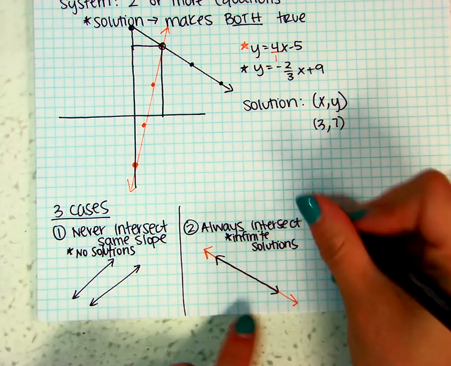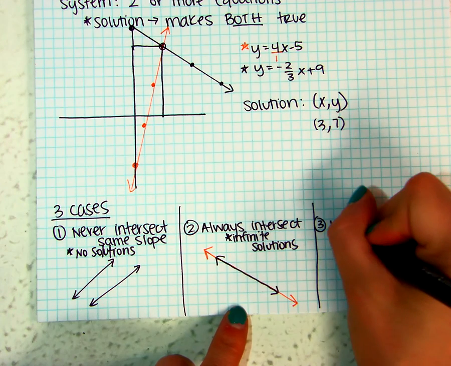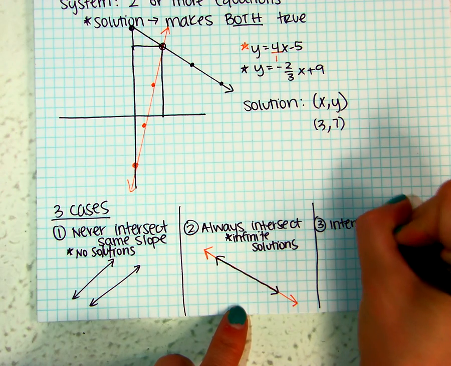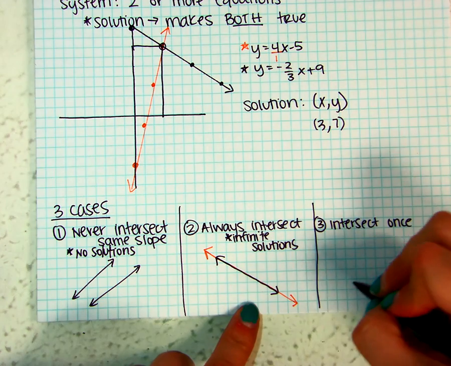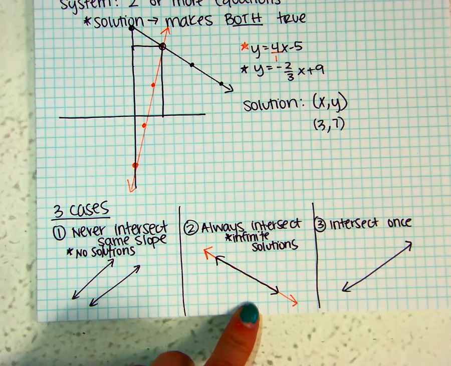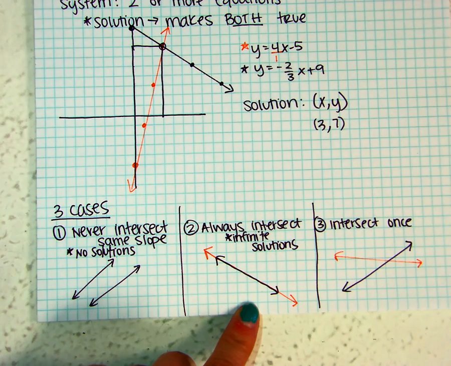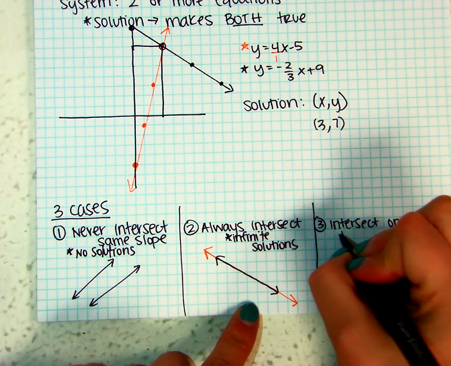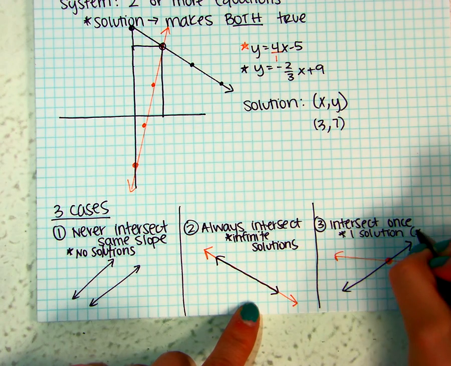And then the case above is case number 3, and they intersect once. So we've got a line here, and a line here. They intersect right there. So this has one solution, (x, y).